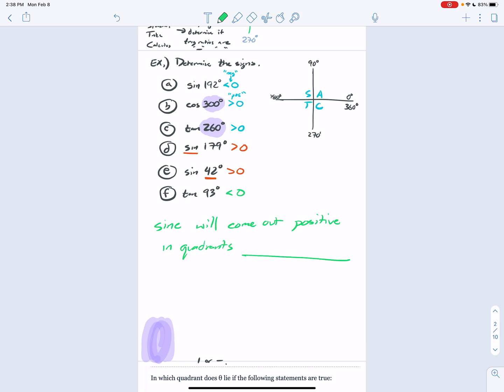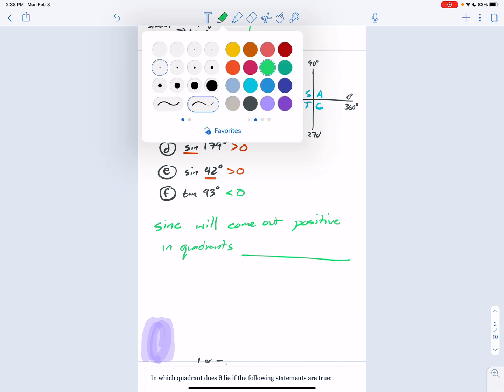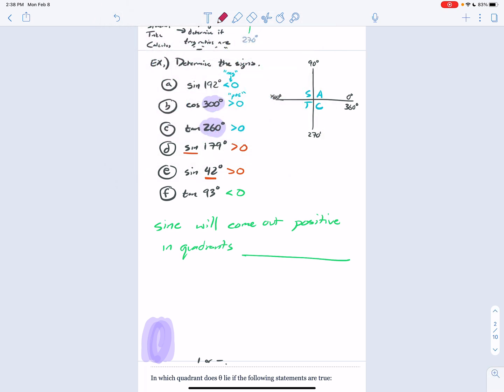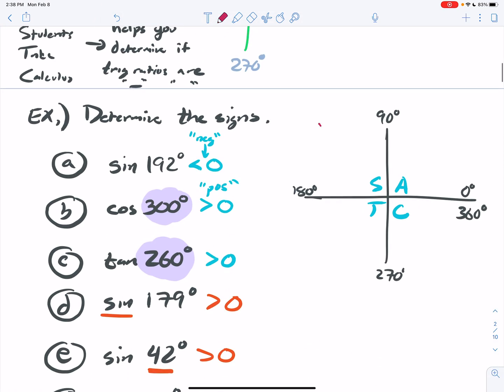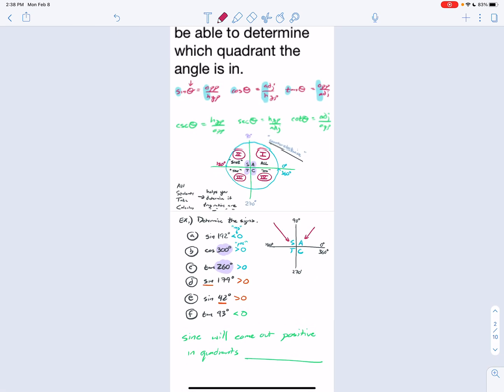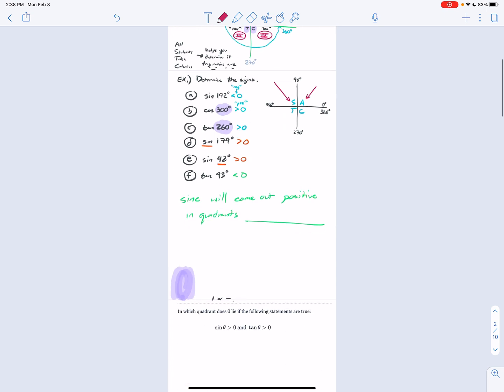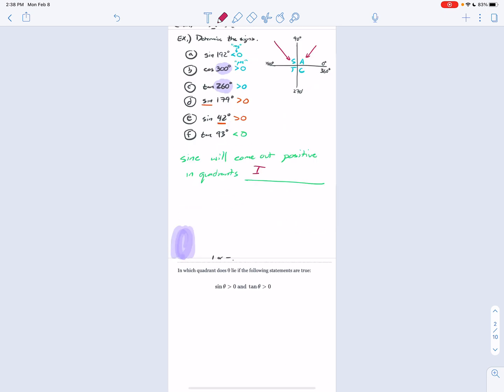Sine will always come out positive in what quadrants? Okay, so we know that sine will come out positive specifically in quadrant 2 because that's sine's quadrant, but also in quadrant 1. So sine will come out positive in quadrants 1 and 2.